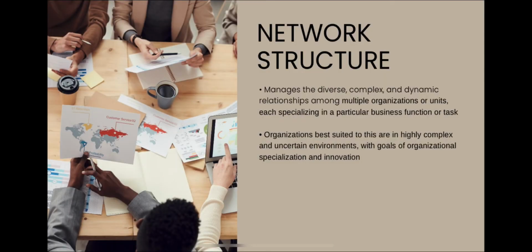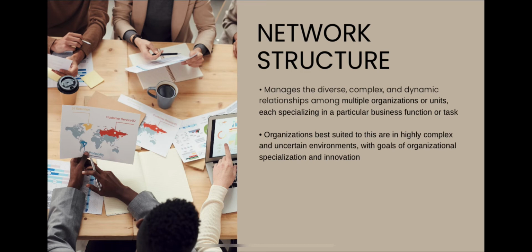The next structure is the network structure. Network structure manages the diverse, complex, and dynamic relationships among multiple organizations or units, each specializing in a particular business function or task. It is also described as pizza structure, spiderweb, starburst, and cluster organizations.